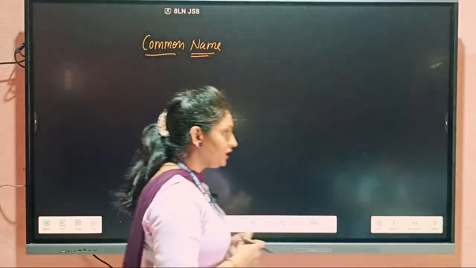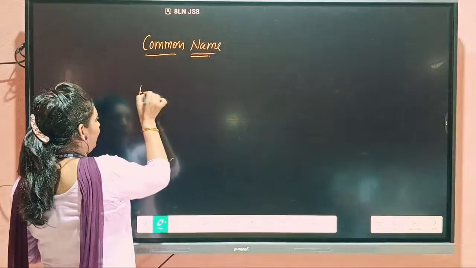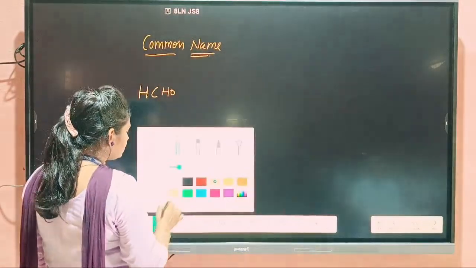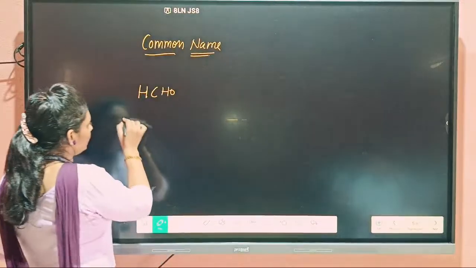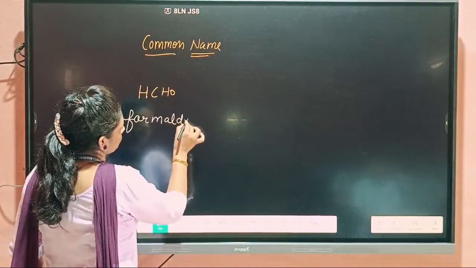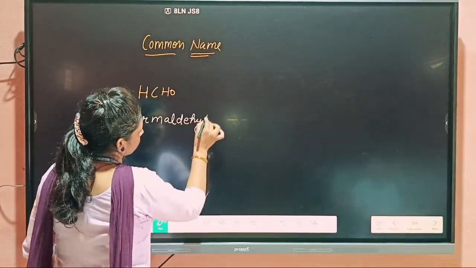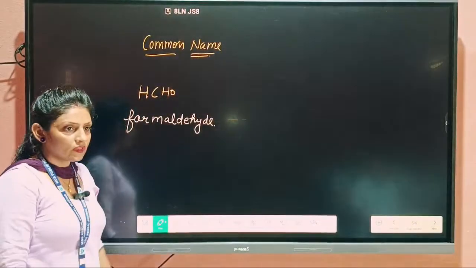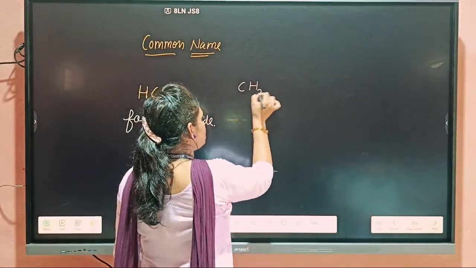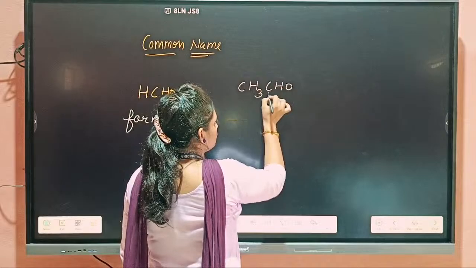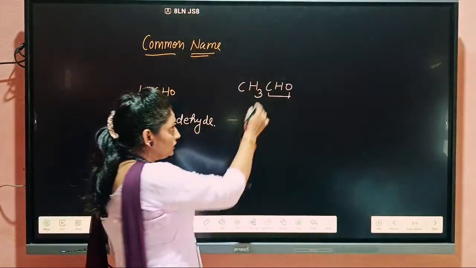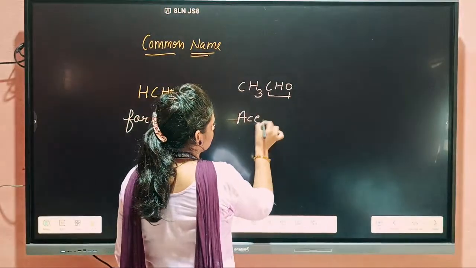Like if we have HCHO, it is known as formaldehyde. If we have CH3CHO, because CHO group is aldehyde group, you have already seen that, this is acetaldehyde.